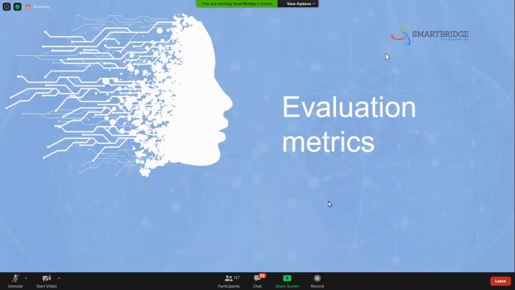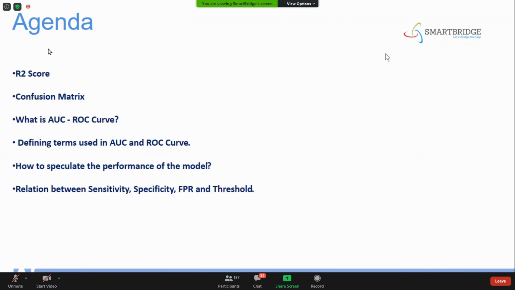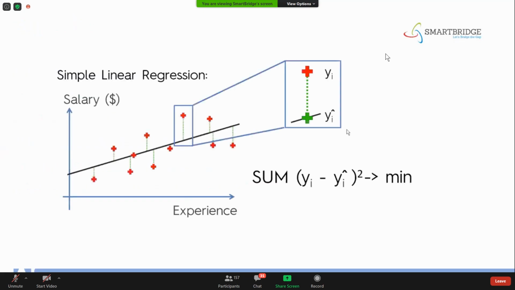So these evaluation metrics consist of R2 score, confusion matrix, what is the AUC-ROC curve, how to define AUC-ROC, how to speculate the performance of the model, and the relation between sensitivity, specificity, FPR, and threshold. So in this topic, I will be covering all these things so that you will have very good clarity on what we are doing for calculating the accuracy of regression as well as classification, right? So first, let's move on to the R2 score.